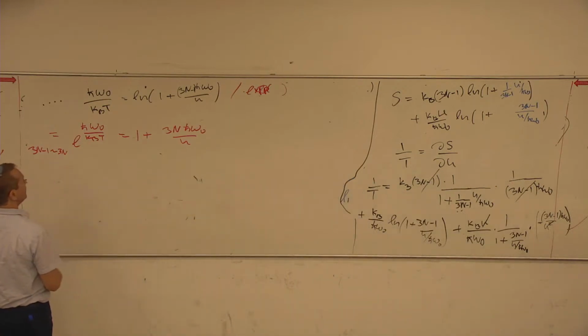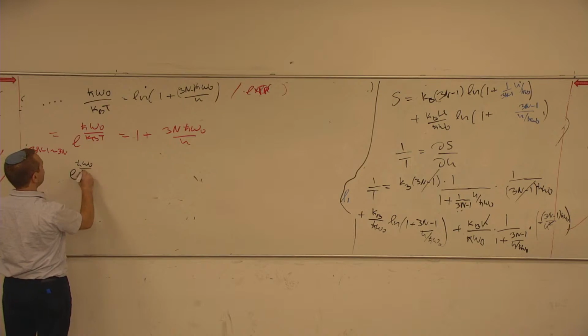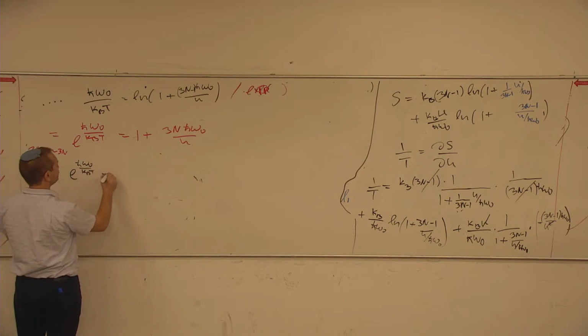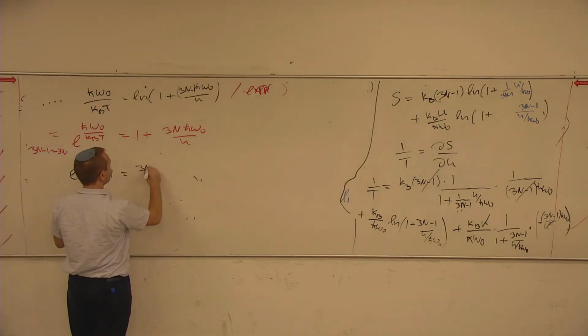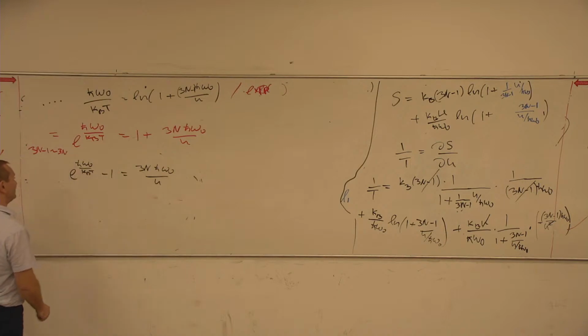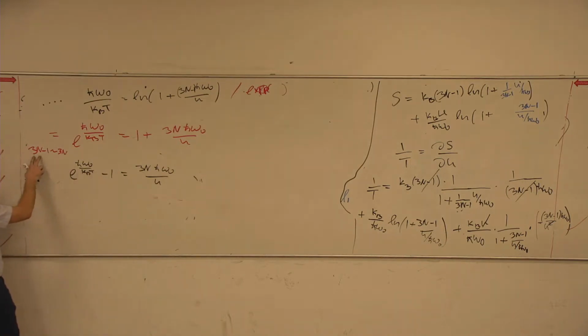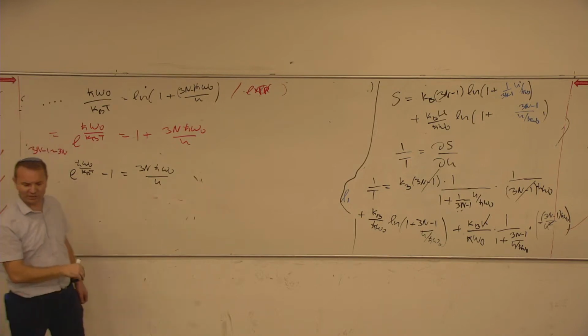Okay, so let's take this to the other side. So we are getting e to the h bar omega 0 divided by k Boltzmann T minus 1 equals 3n h bar omega 0 divided by U. Okay, so it's supposed to be 3n minus 1, yeah, but I'm saying that 3n minus 1 is approximately 3n in the limit of large n.